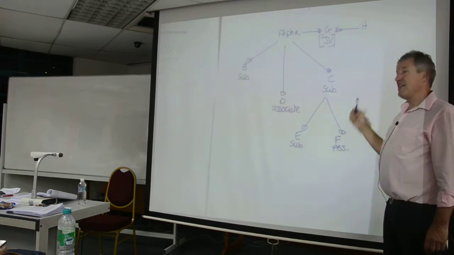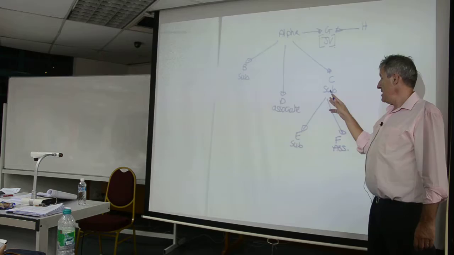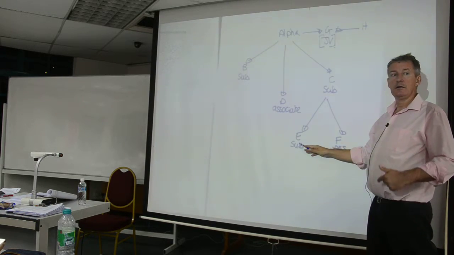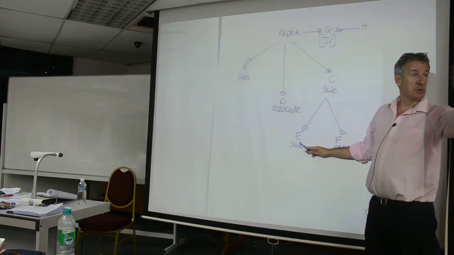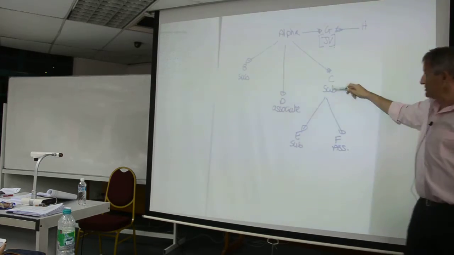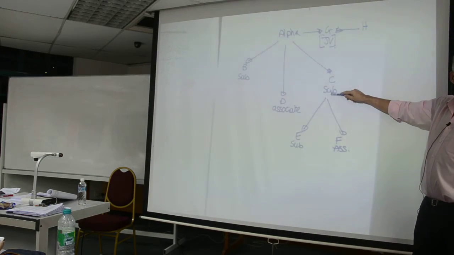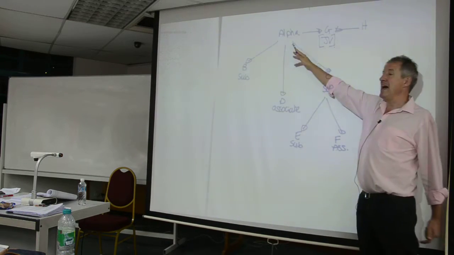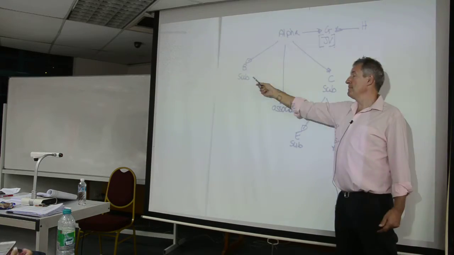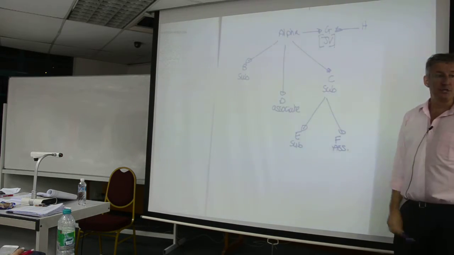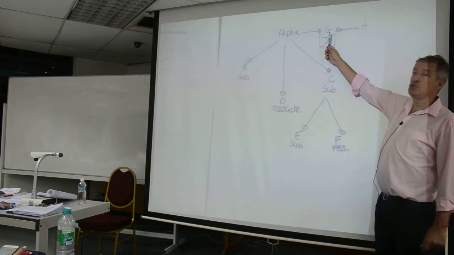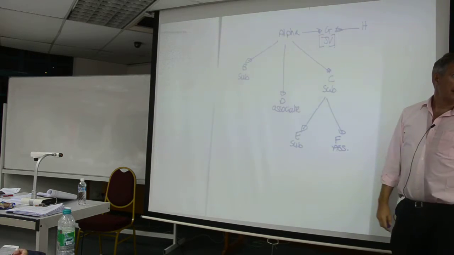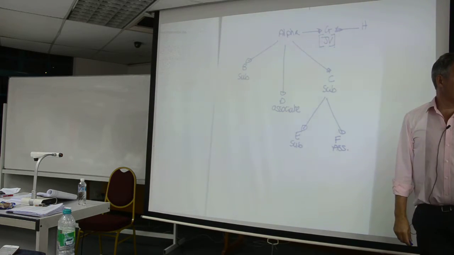If my subsidiary has a subsidiary, that is my subsidiary. On the same basis, if my subsidiary has an associate, that is my associate too. So I'm related to my subs and to my associates. I'm also related to G, because I have joint control over G.